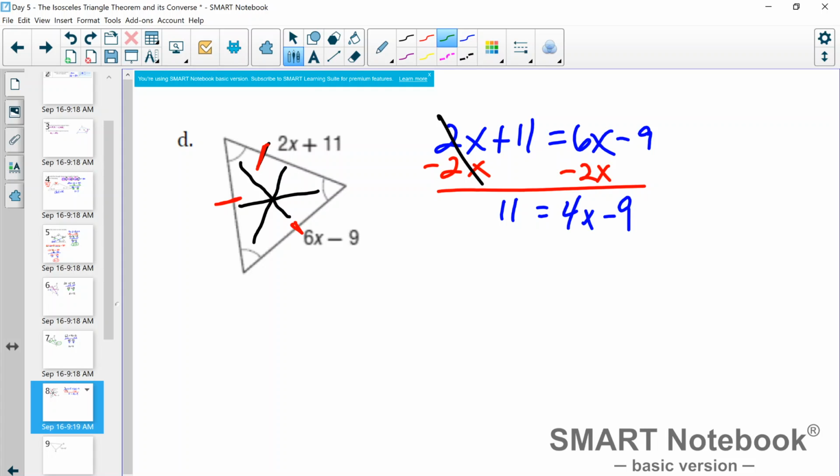Subtract 9. To move the 9 over now, we do the opposite. So add 9 to both sides. And we get 20 is 4x. We're going to divide by 4. And value of x is going to be 5.